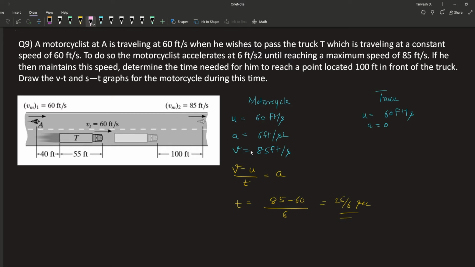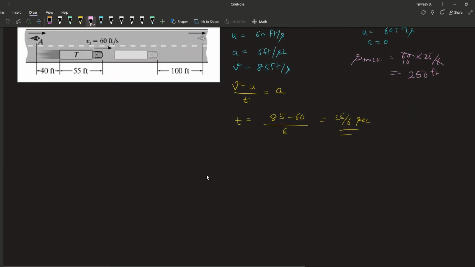The truck has travelled a distance of 60 into 25 by 6, which would be 250 feet. So when the bike reaches the velocity of 85 feet per second, the truck has already travelled 250 feet. Let us try to see it in the diagram, how and where the bike will be in relation with the truck.